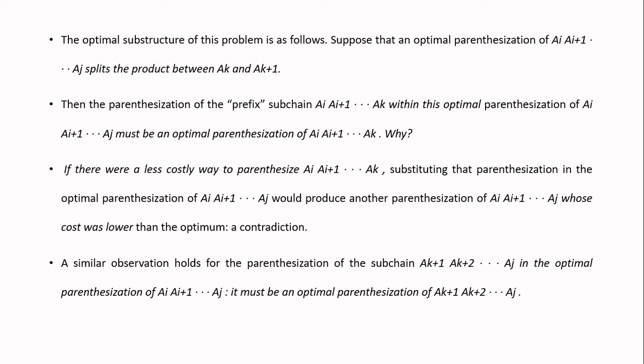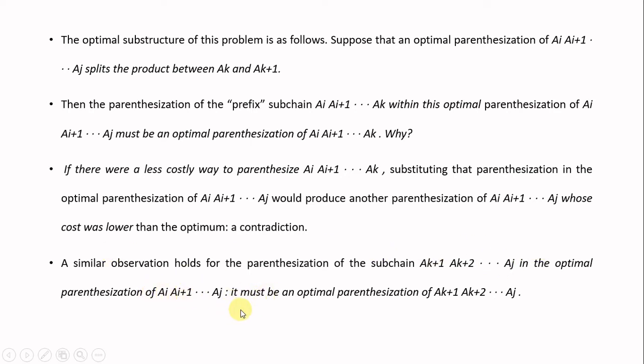Which means every time you find a global optimal value, for every subproblem you find a local optimal solution, which must be part of the global optimal solution. Then a similar observation holds for the parenthesization of the subchain A(k+1), A(k+2), etc. to A(j) in the optimal parenthesization of A(i+1) to A(j).